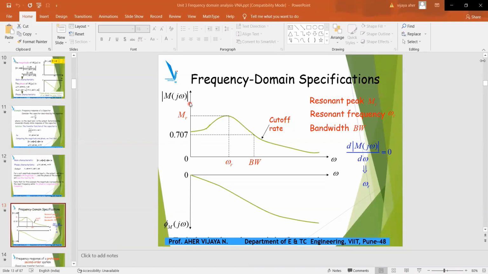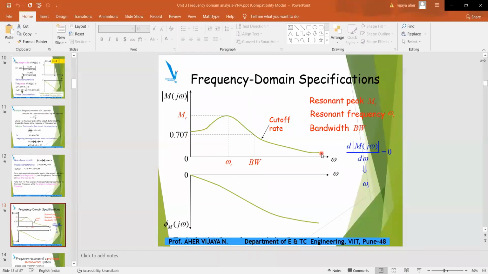Now, today you are going to study the frequency domain specifications of a second order control system. So this is the magnitude of your transfer function, and this is the phase of your transfer function, right? The transfer function has magnitude and phase. On the y axis, I have taken the magnitude of the transfer function M(j omega), and omega on the x axis. So this is the plot for frequency domain analysis.